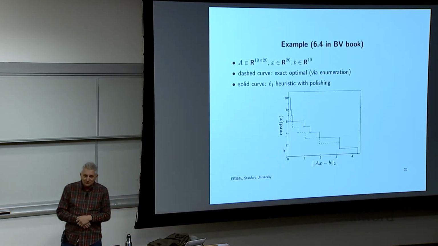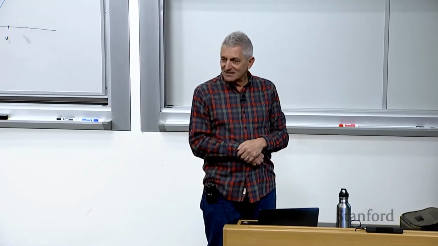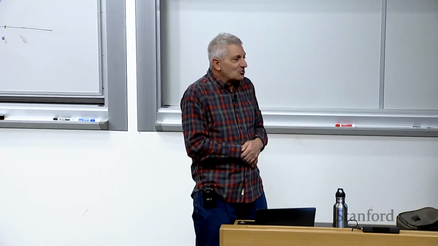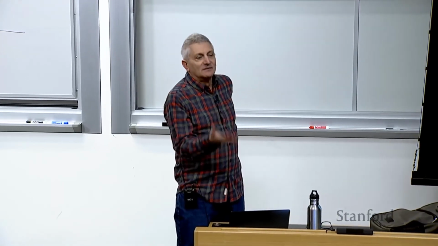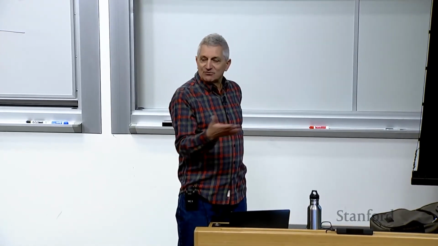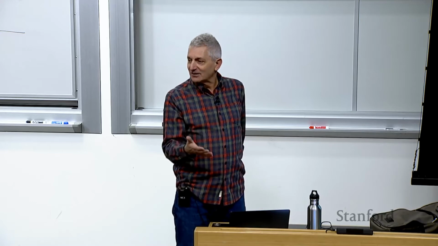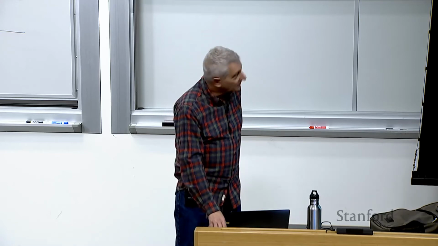So the idea that you get this close with such a stunning reduction in computation, now you can't claim that you've actually solved the original cardinality problem, but that's okay.